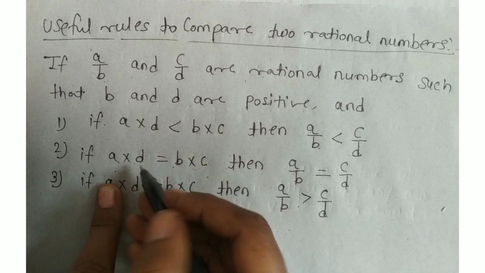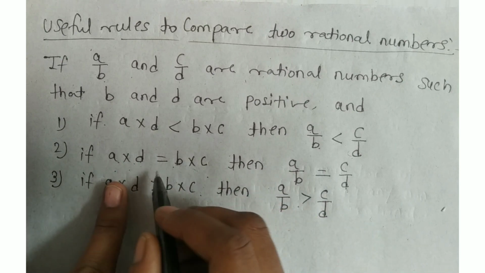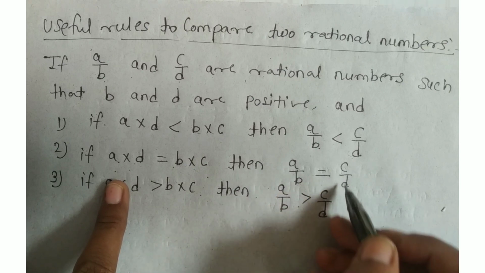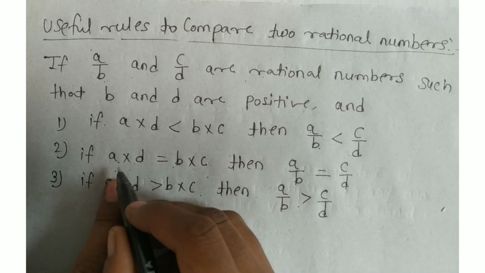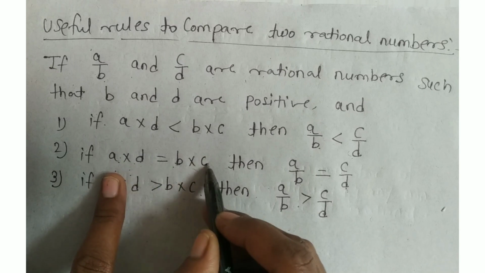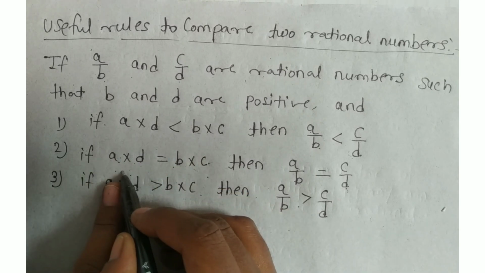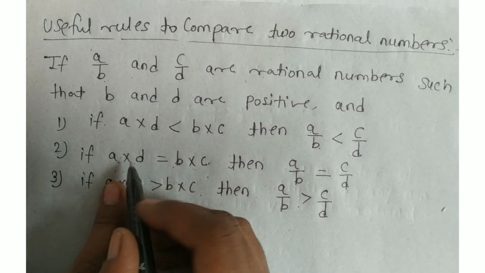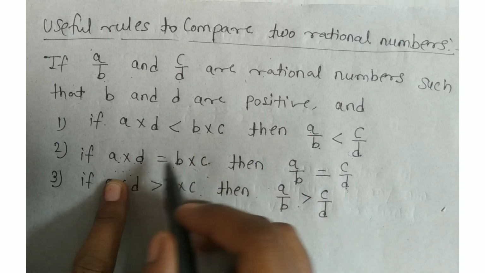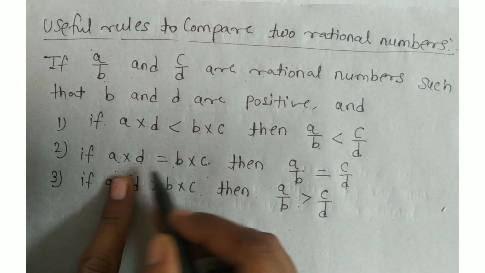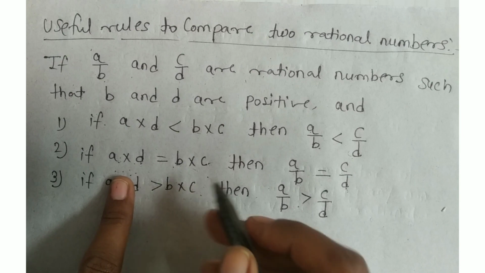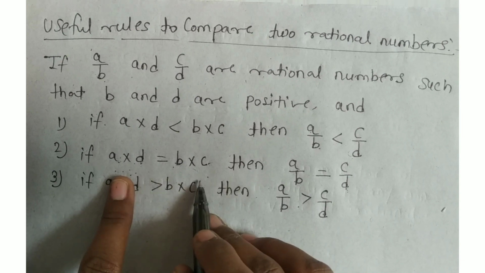But we cannot say we only get a upon b equal to c upon d. There may be a upon c. This c may become the denominator and this d may go to the other side. We can get a upon c equal to b upon d. This is also possible.